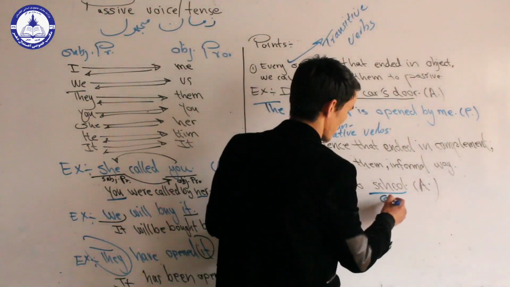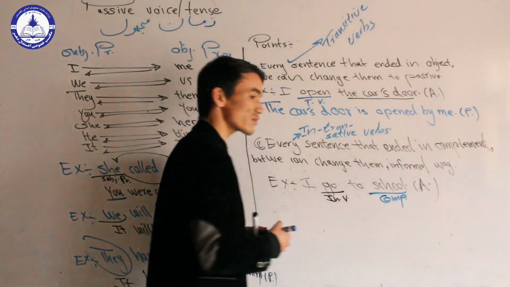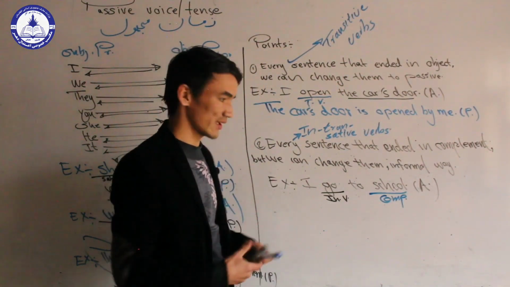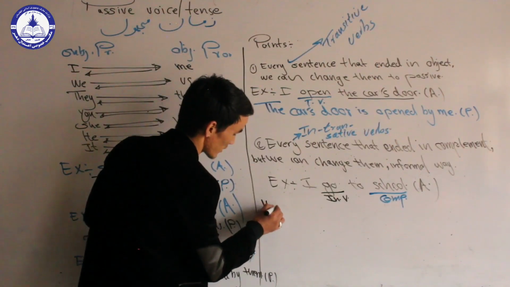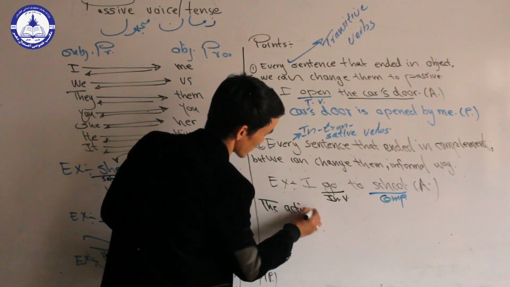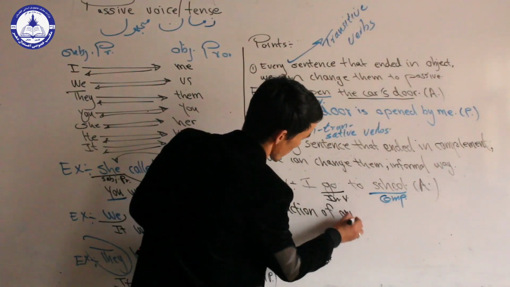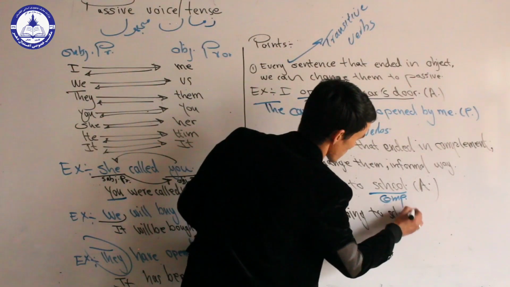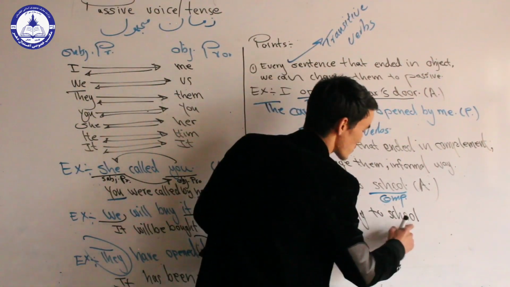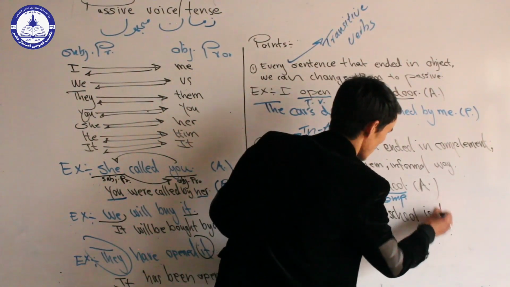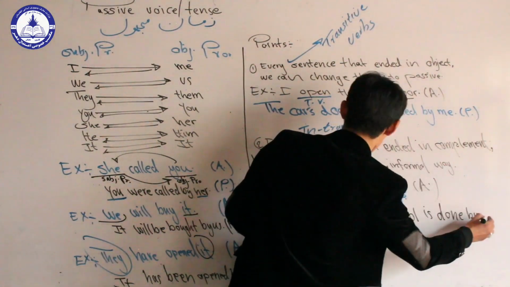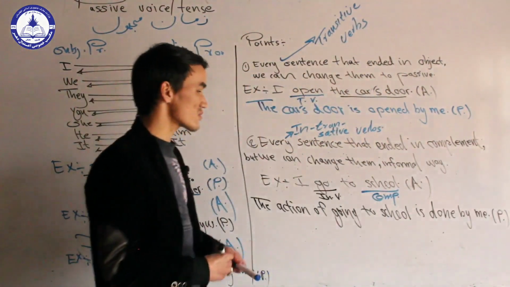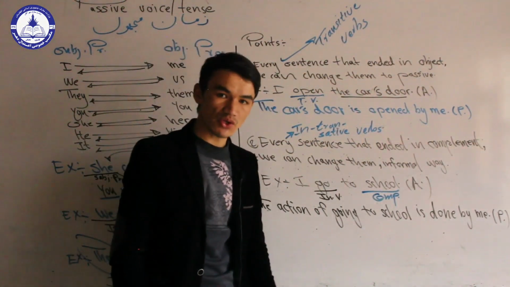It is a complement. So when you face a situation like this, you must change it informally. How? See, the action of going to school. It is simple present tense. Yes, going to school is done by me. It is informal passive form. Why did we choose this way? Because the conceptions must not be changed.